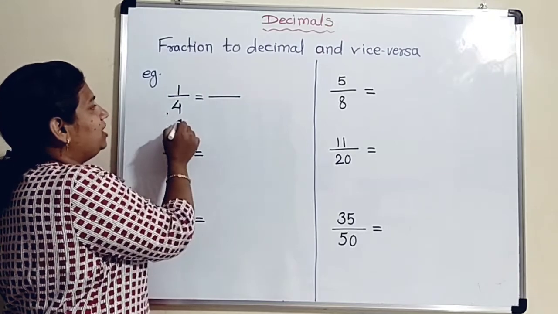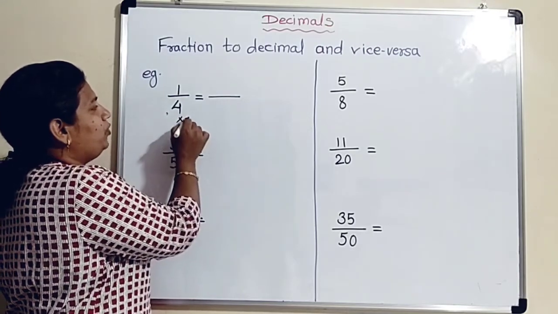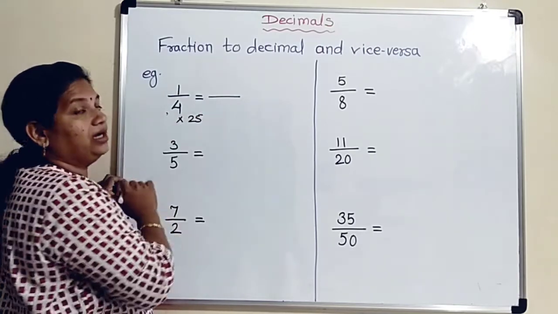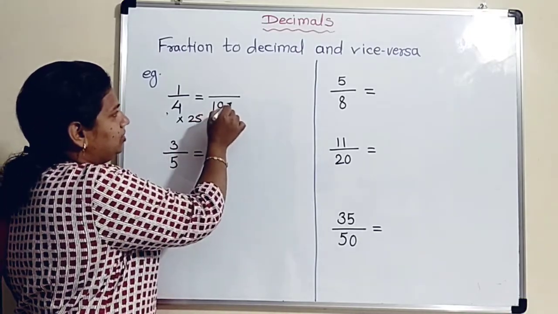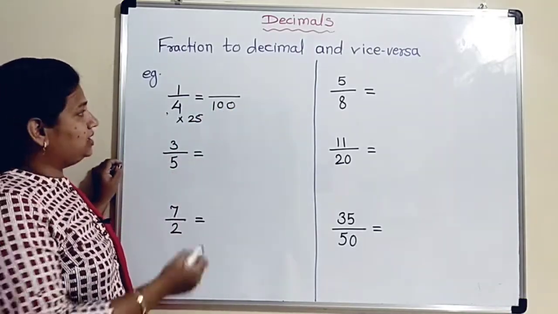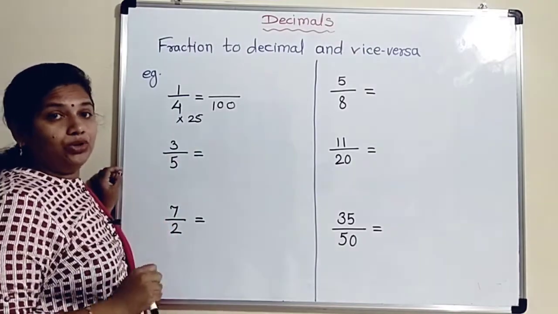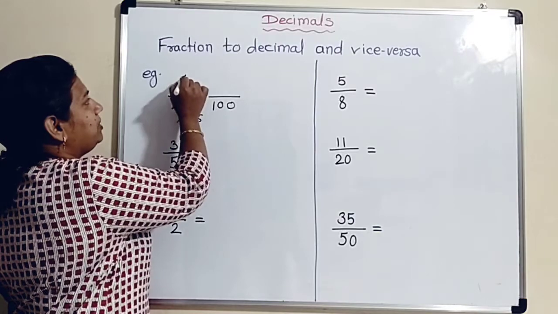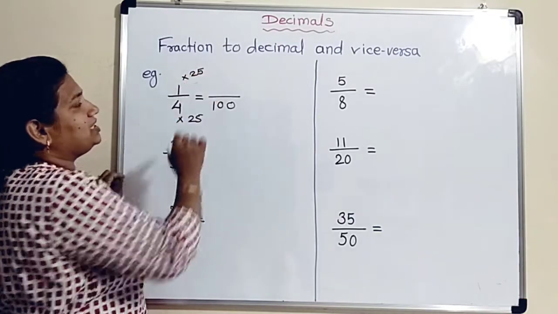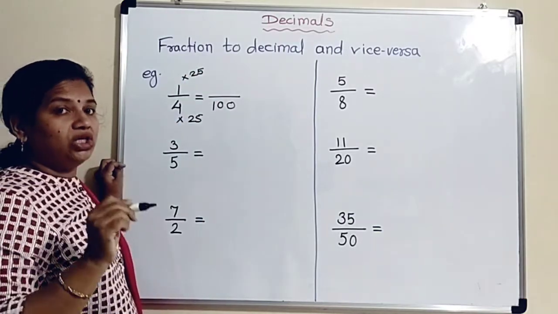So how can I convert? If I multiply 4 by 25, I will get 100. So here 100 is the denominator, but I cannot just multiply the denominator. I have to multiply the numerator also by the same number so that the value will not change.